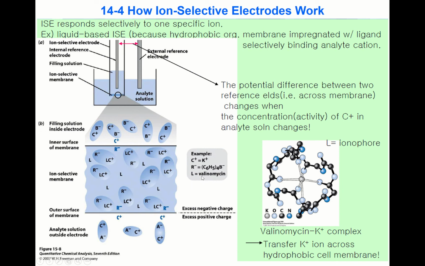In this case, valinomycin. This is the structure of valinomycin. Valinomycin is an antibiotic. It is very difficult to synthesize. You have to separate this valinomycin from others. Anyway, you impregnate this membrane with valinomycin, and it has the ionophore molecule inside, and L now responds only to this cation.